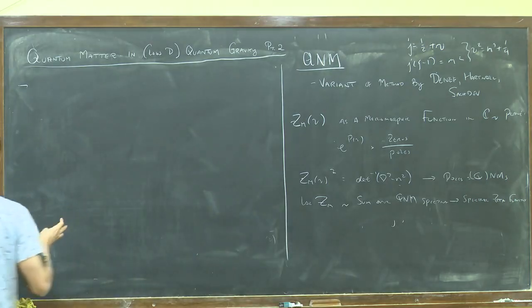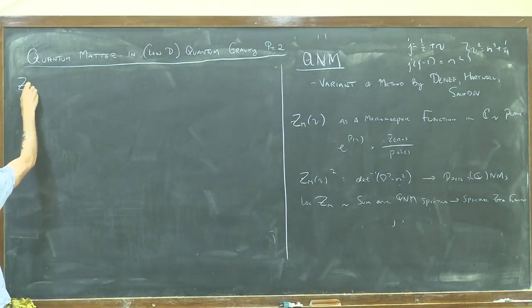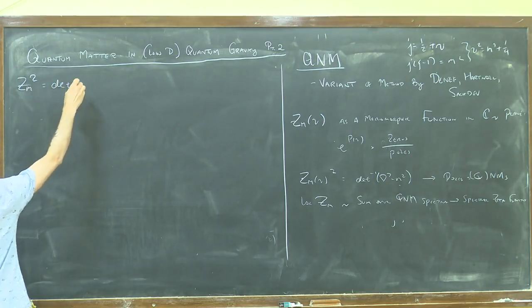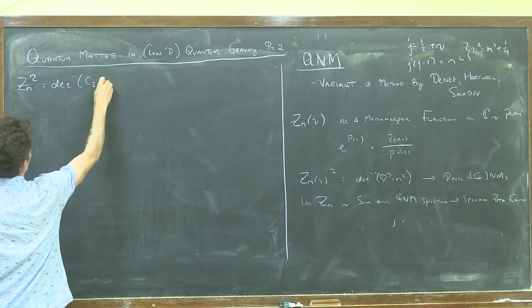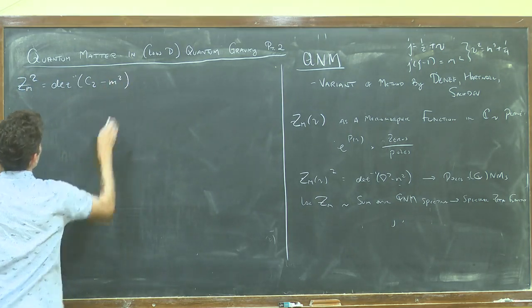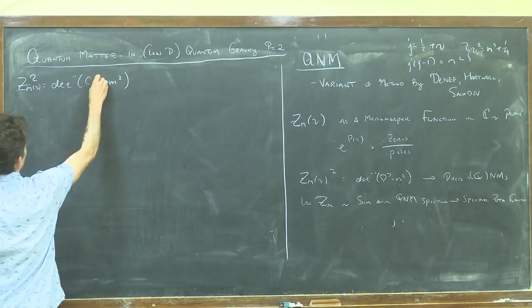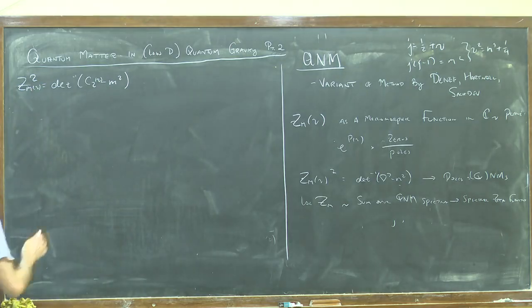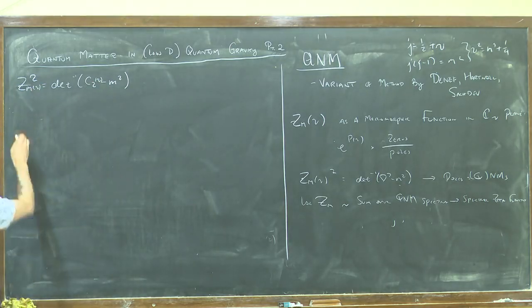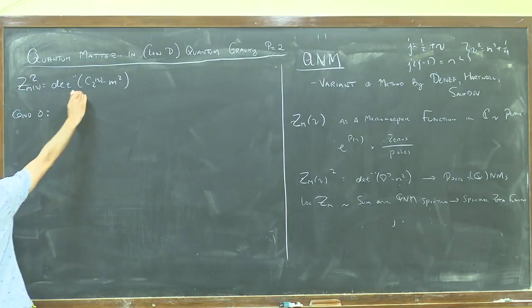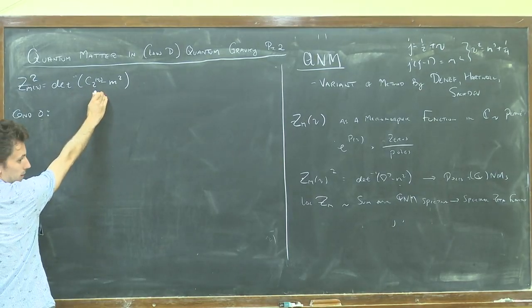Okay, so the first thing I wanted to remark on is that this Z squared, again, I'm going to now think about as a determinant over a Casimir, an SL2R Casimir here. I'm going to impose several conditions on finding where the poles are of this function as a function of nu. So this is a Casimir that's a function of nu. So condition 0 is that the poles will line up whenever there's a state such that whatever's in this determinant is 0.